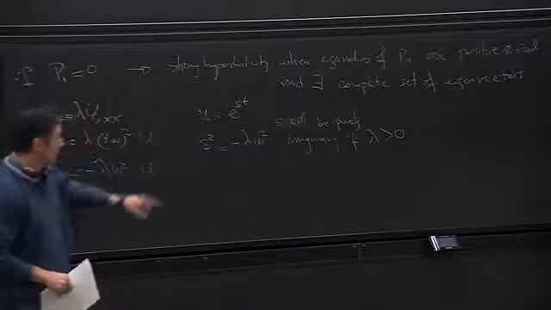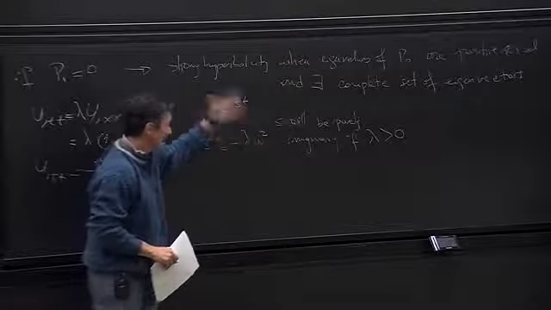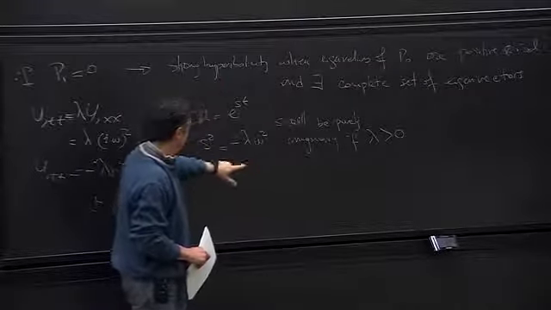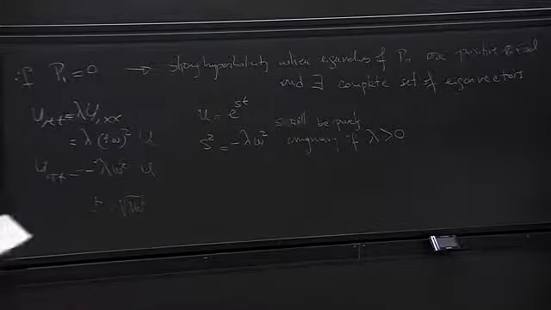So s will have solutions that are purely imaginary, and therefore a norm that is unitary, only if this lambda is positive.